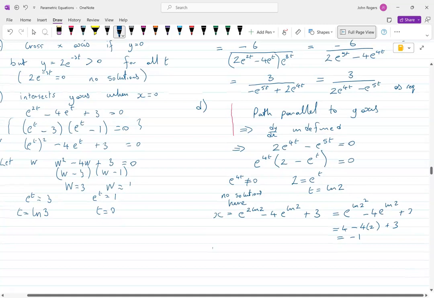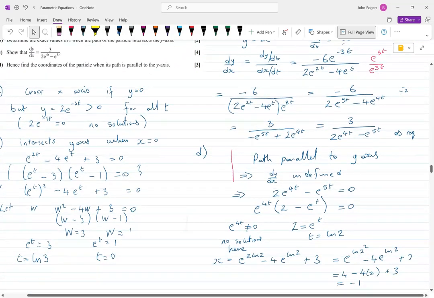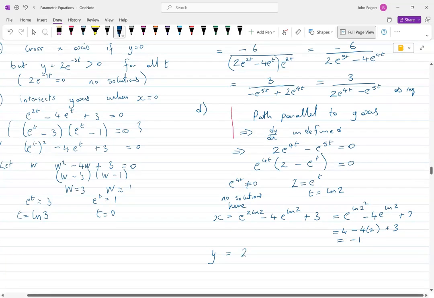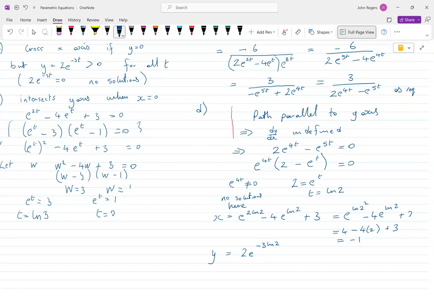And then y equals 2e to the minus 3t, so minus 3 ln 2. Again, the calculator will give you the answer, which is a quarter. If we want to justify that without the calculator, that's 2e to the ln 2 to the minus 3.